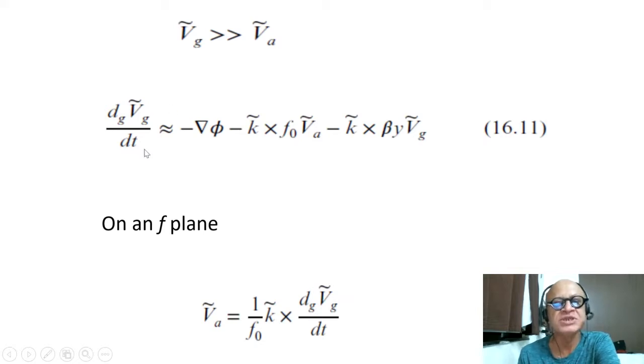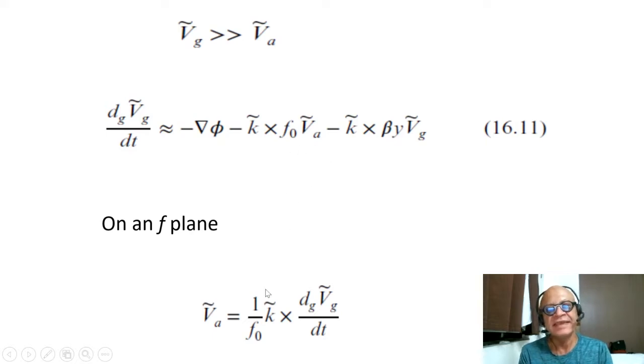So then dvg dt is approximately equal to minus grad phi minus, this is the geopotential of course, minus k tilde cross f0 v tilde a geostrophic minus k tilde cross beta v vg. We can set beta equal to 0 and then work on an F plane to simplify this equation.